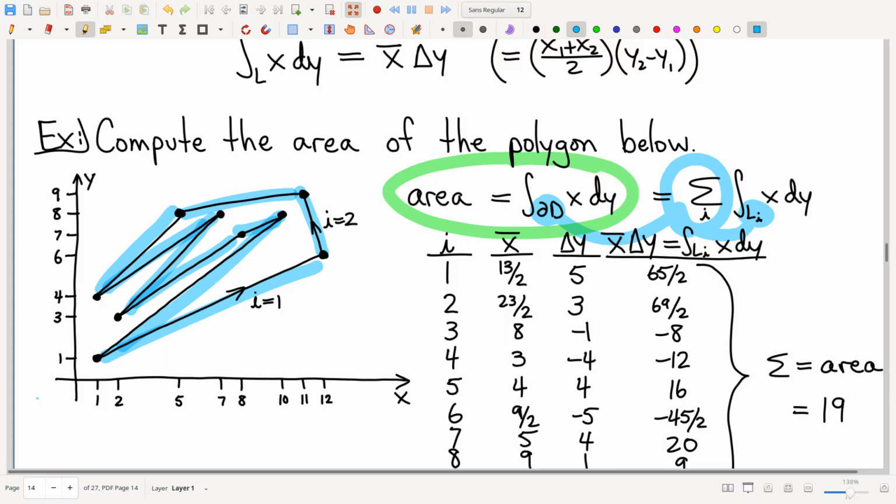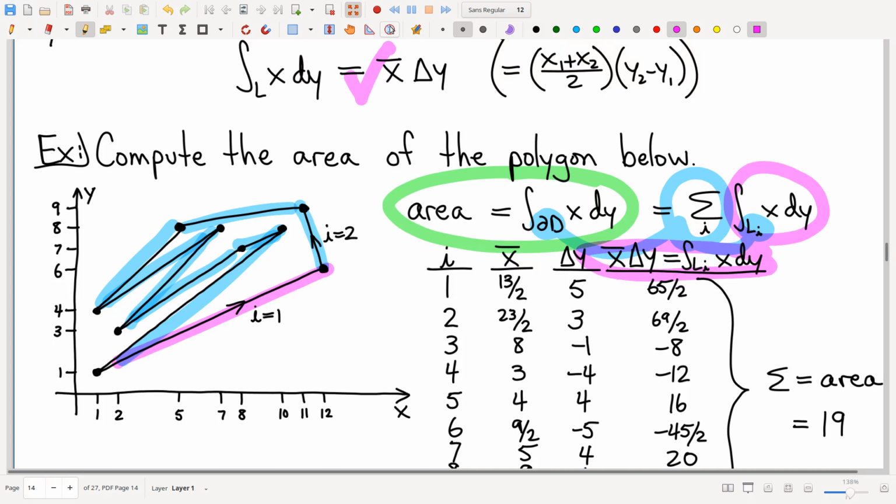And on each individual line segment, for example, let's look at that line segment. Per that formula up there, the integral of x dy on that line segment is just the average value of x times the change in y. And this is just easy arithmetic.